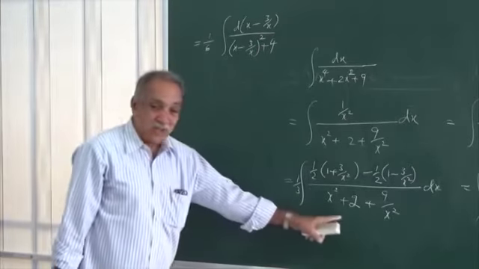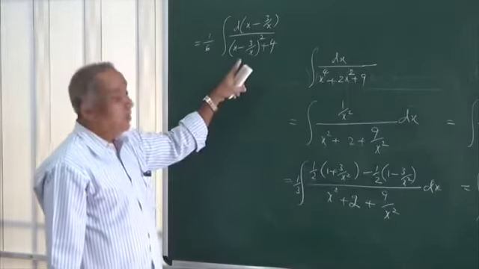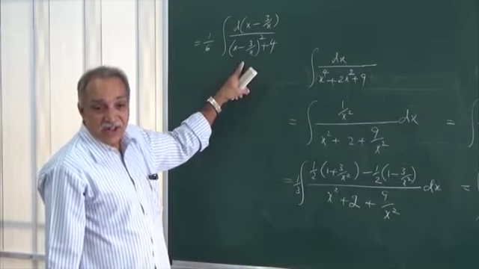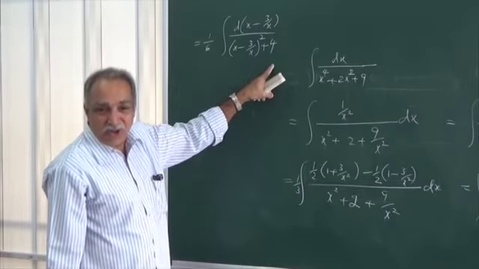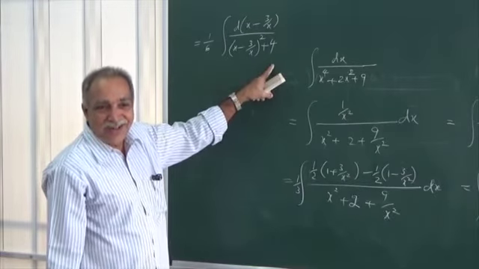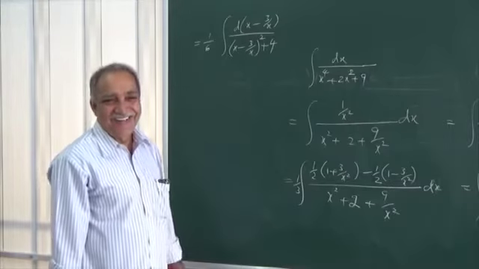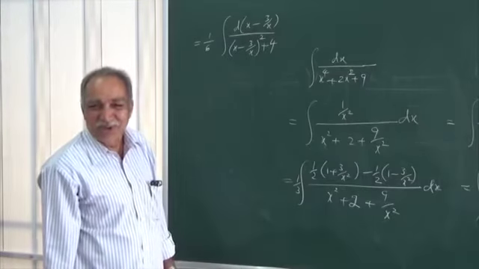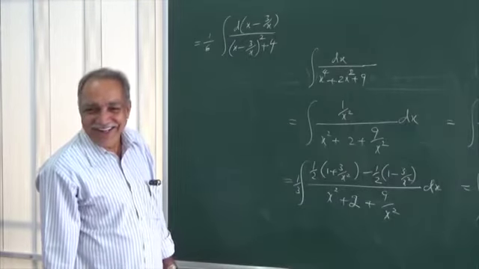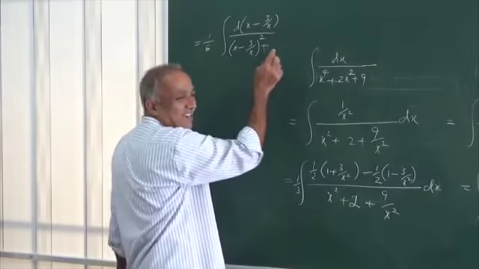Your requirement is plus 2, is it not? On expanding this, you are getting minus 6 plus 4. Is it not equal to plus 2? No. What should it be? Yes? 8.